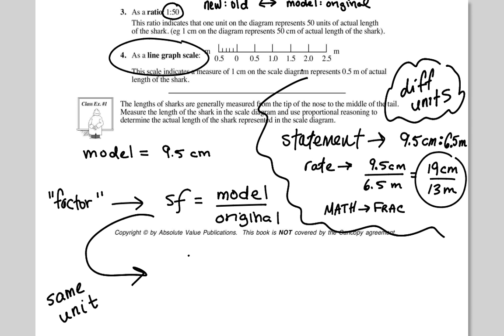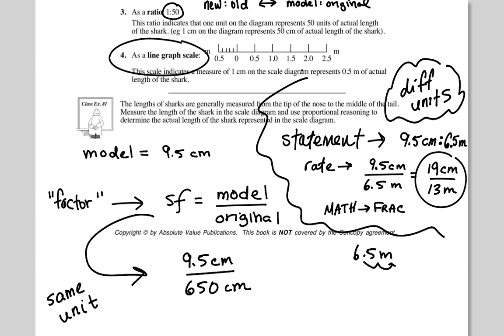So I would have 9.5 centimeters divided by 650 centimeters. You guys okay with that conversion? 6.5 meters, I just had to move it 2 decimal places over. 650.